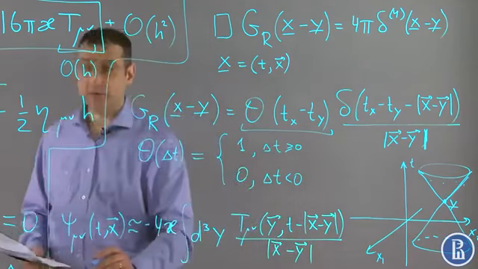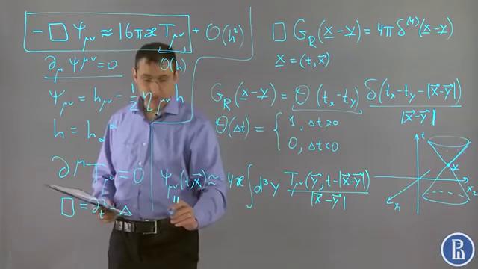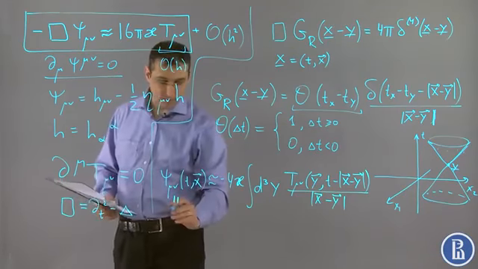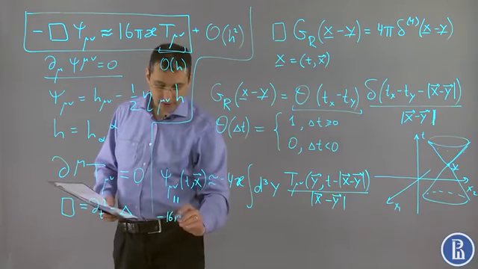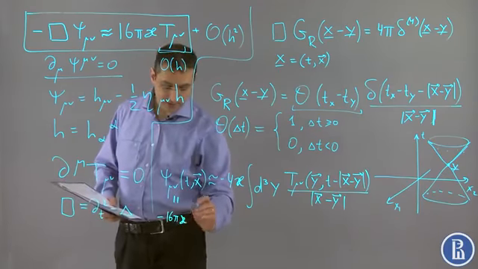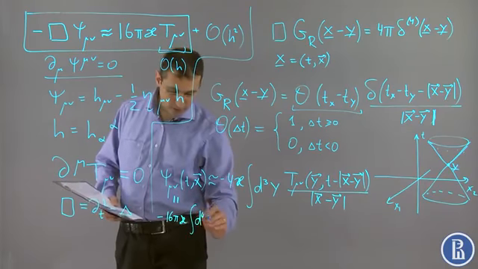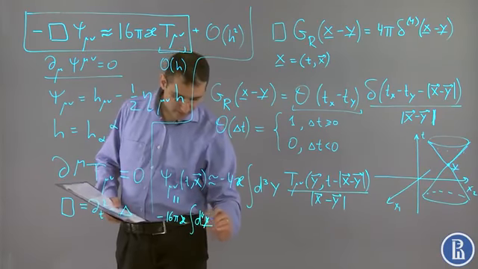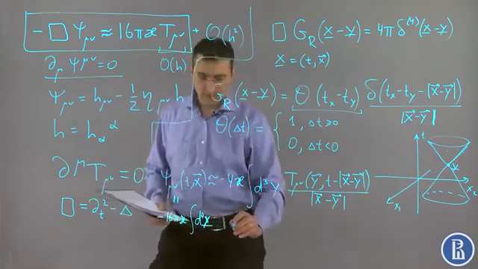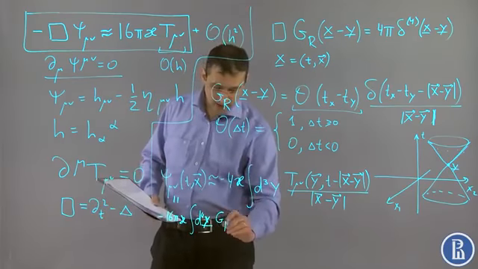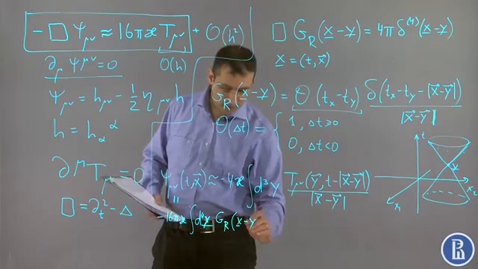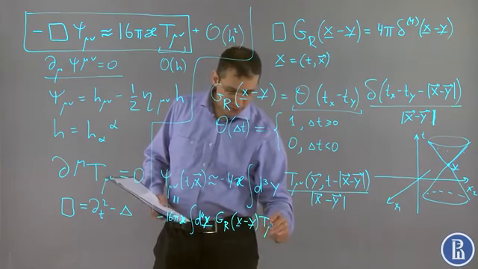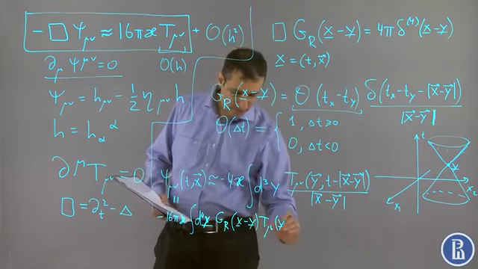Well, basically psi mu nu that solves this equation is equal to minus 16 pi kappa integral over d4y of G retarded of x minus y times T mu nu of y.